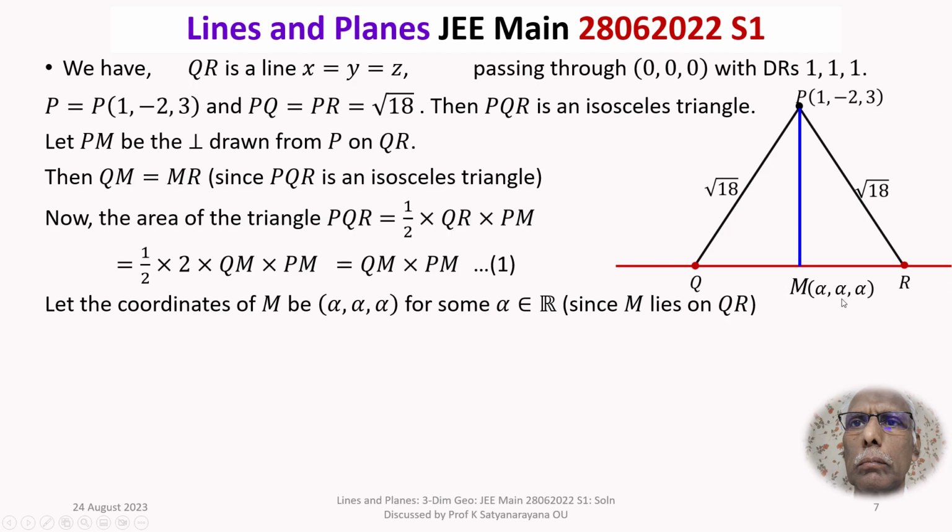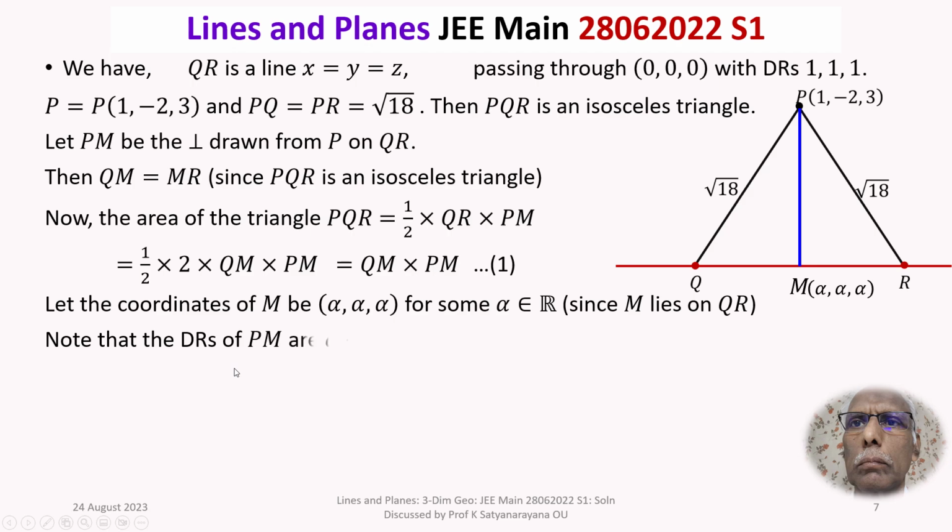Now PM is the line joining the 2 points 1 comma minus 2 comma 3 and alpha comma alpha comma alpha. So the direction ratios of PM are alpha minus 1, alpha minus of minus 2, alpha plus 2, alpha minus 3.